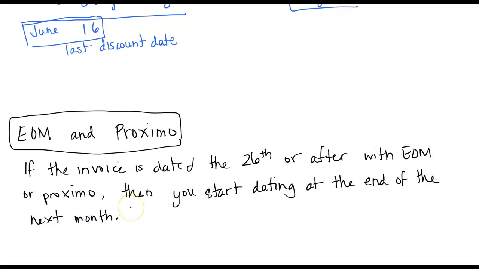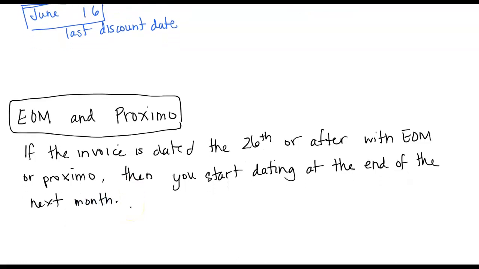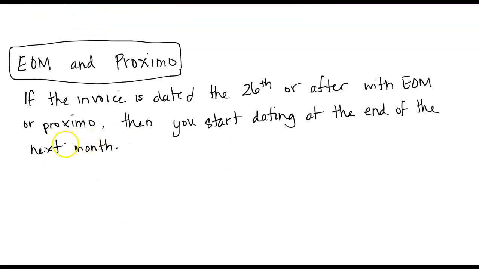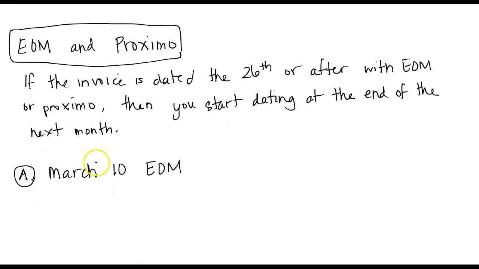So let me give you a couple of very specific scenarios. One similar to one that we did earlier is what if we started out with something like March 10th, EOM, or Proximo? Where would you start dating? We would not start dating on March 10th.